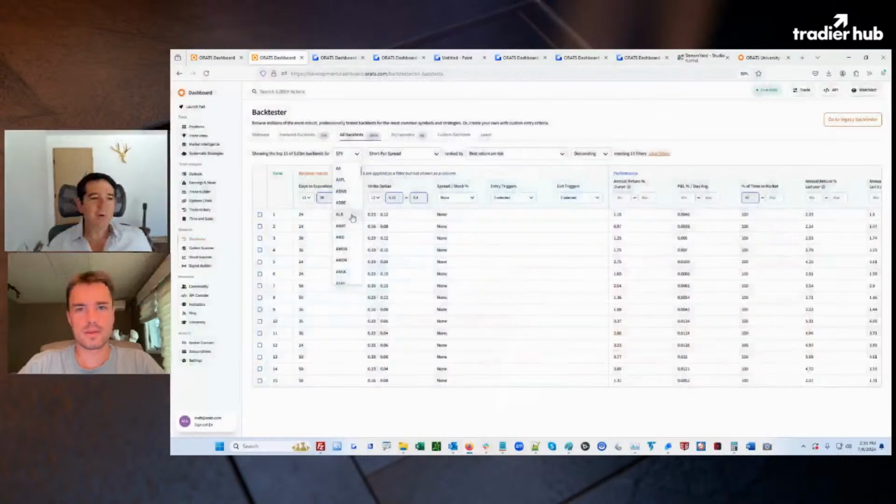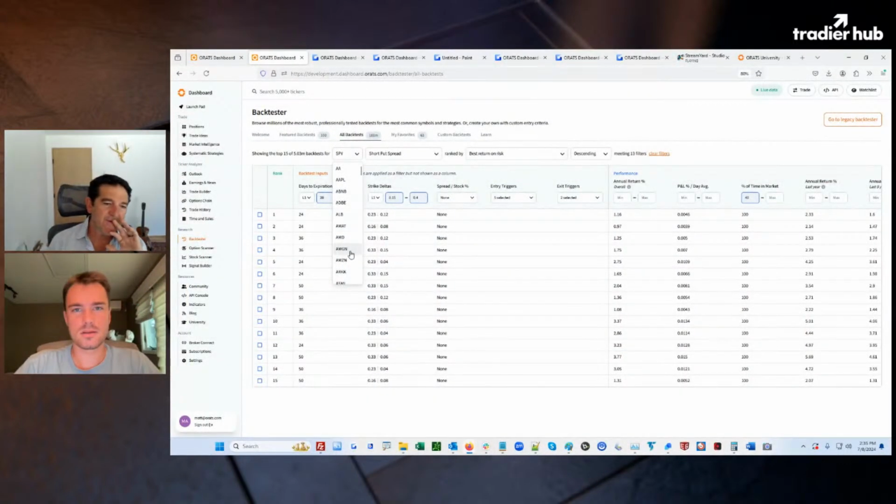Another thing that you could do is, let's just say if you're selling single name, you could look at quite a few different stocks in here. So we could look at Apple, Adobe, similar types of stocks, and you could really expand this. I like to find similar backtests to make sure we're not overfitting, but now you could do the same strategy in a lot of different underlying stocks and see how those do.